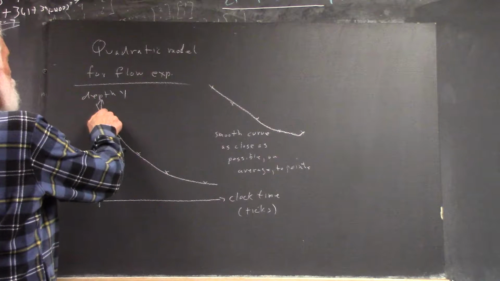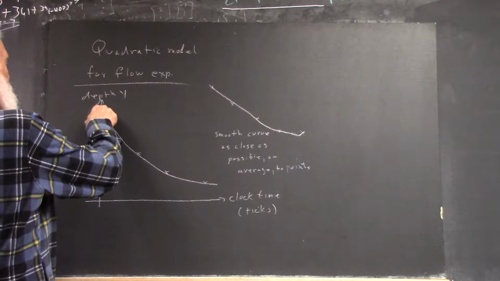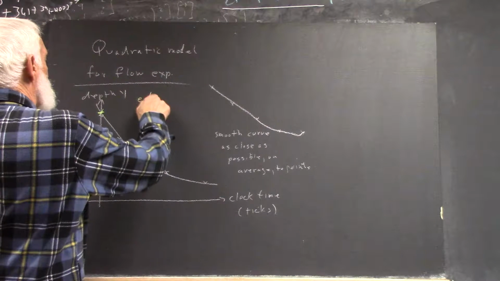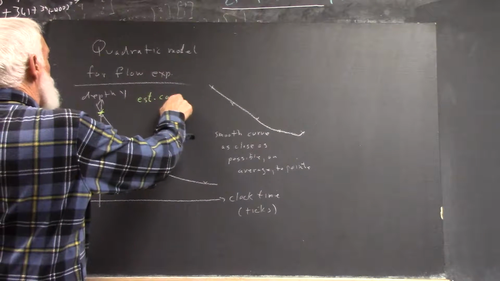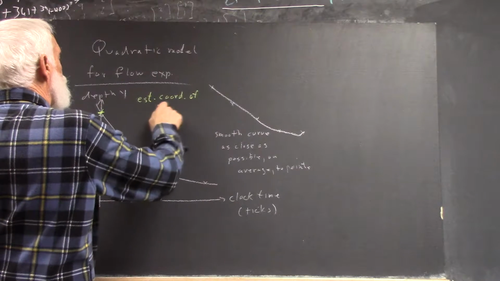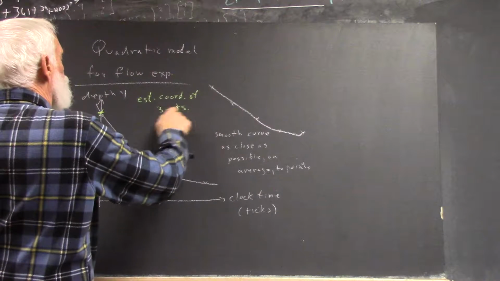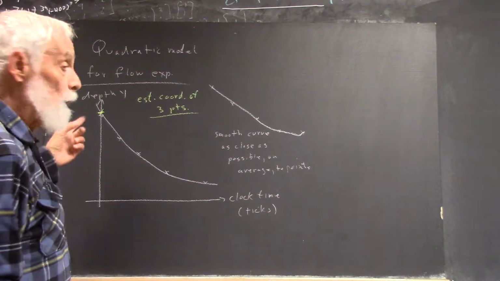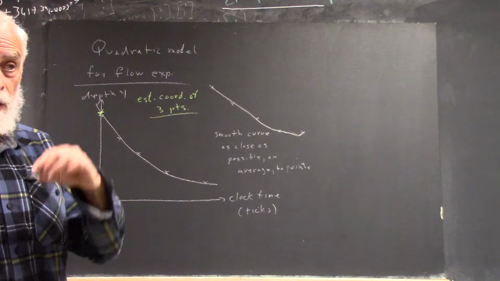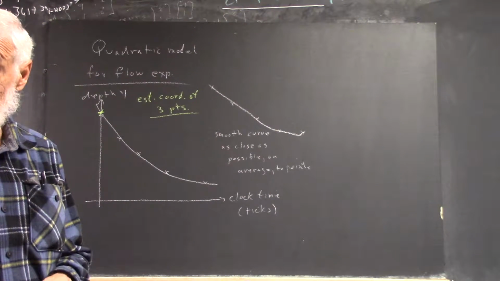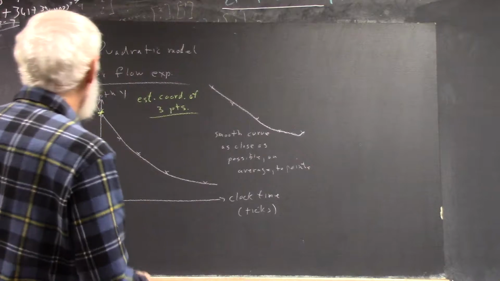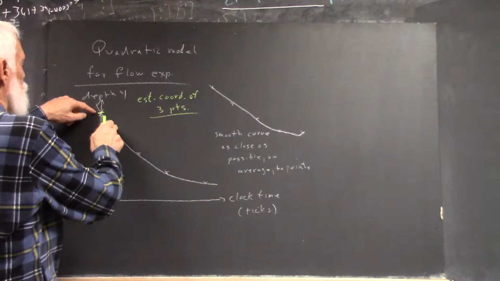And we're going to estimate the y-intercept. So we're going to estimate the coordinates of 3 points. We'll start with the y-intercept because that's going to make what we're going to do a little bit easier. Later on we'll pick 3 points that aren't there. We don't want 3 points, 1, 2, 3 here.